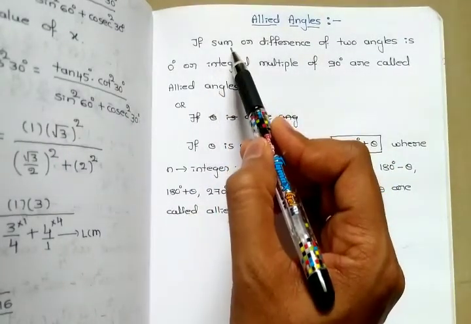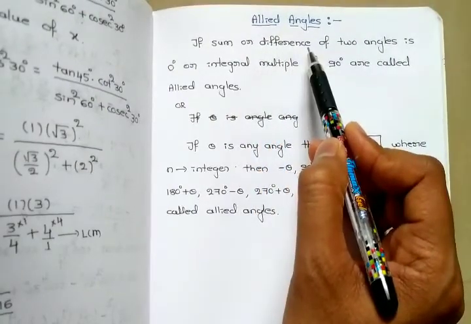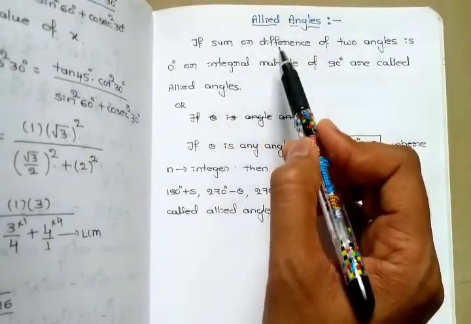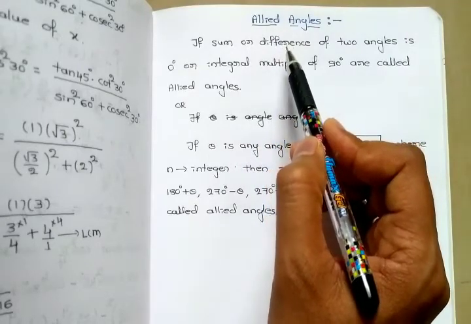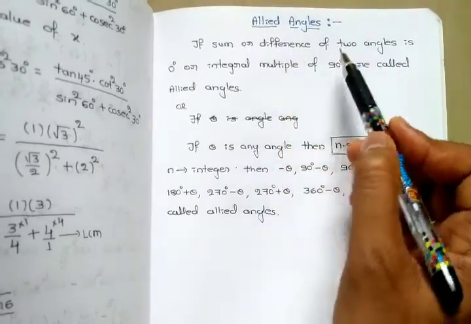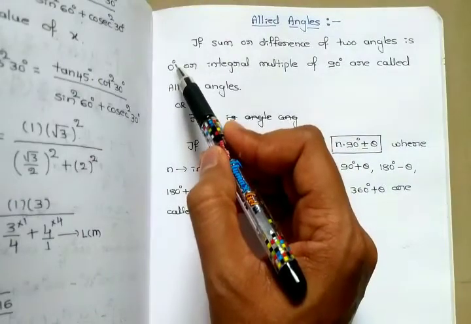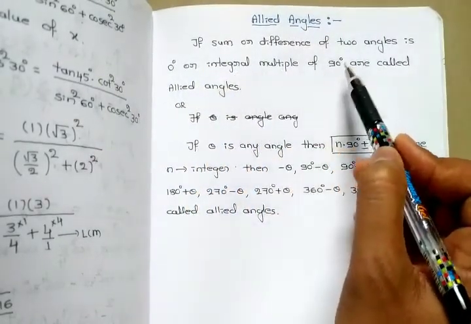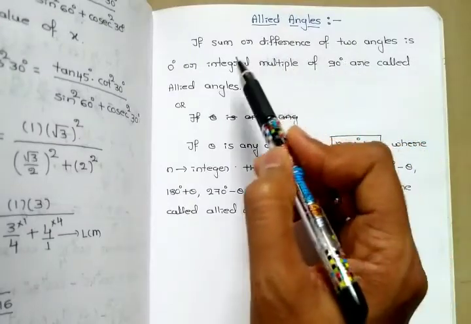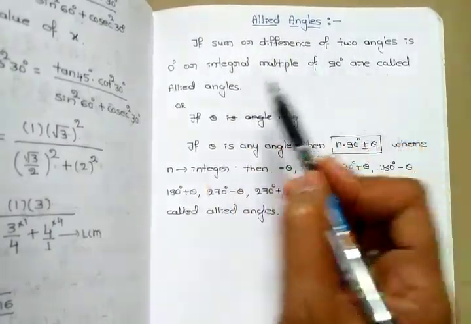Sum means plus, difference means minus. If you add any two angles or subtract any two angles, and you get 0 degree, or otherwise an integral multiple of 90 degree, then such angles are called allied angles.